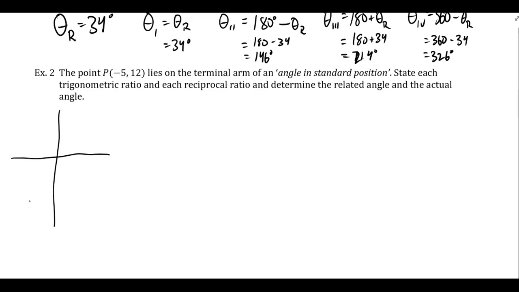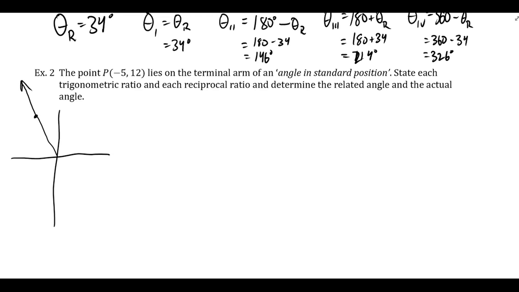So negative 5, 12. Oh, that is not right. Negative 5, 12. So that is in quadrant 2. And my terminal arm goes all the way through it, or it stops at the point. Doesn't matter.